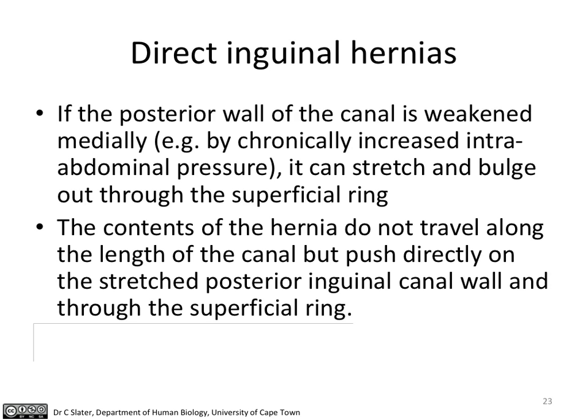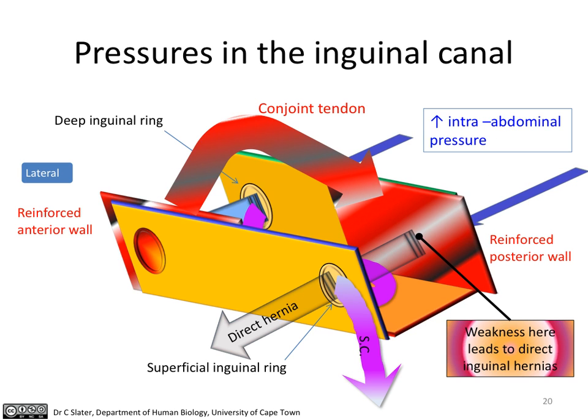And this is seen clinically as a bulge in the region of the groin, and if you ask a patient to cough, you will see it pushing forward and distending through the anterior abdominal wall. Looking at it in the same scenario in this picture, here the intra-abdominal pressure would press up against the weakened posterior wall.